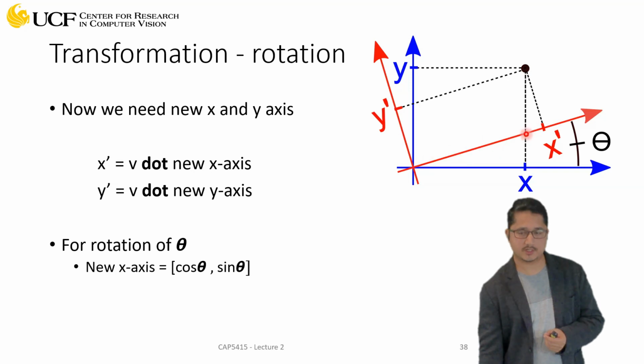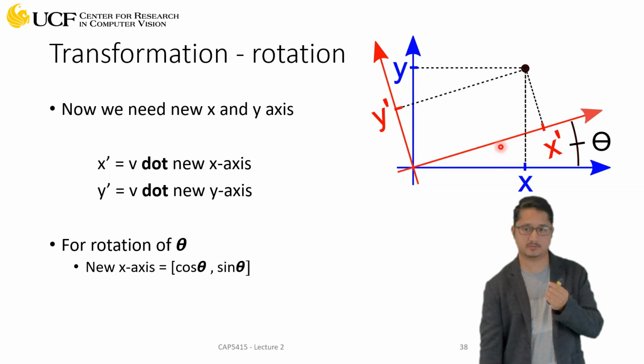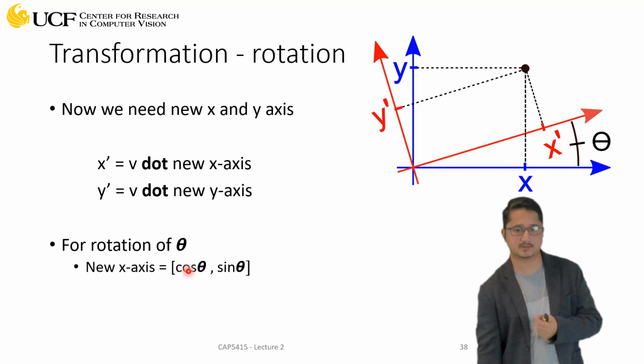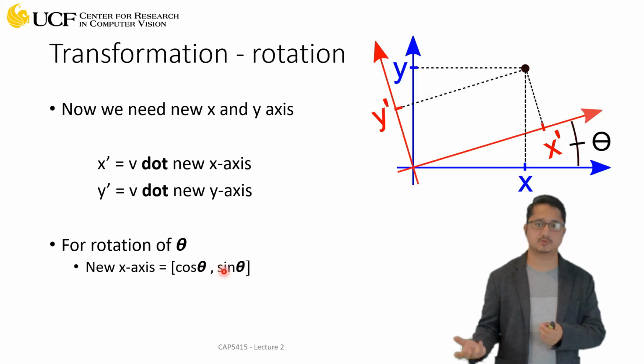If you take a point, let's say 1 unit in this direction, corresponding to the original blue axes x and y, this point is going to be, if you drop a perpendicular on this x, x cos theta, right? And this is going to be x sine theta. So for that unit vector in this direction, the coordinate value will be x cos theta in x and x sine theta in y. But x we know is 1 because it's a unit vector. So you can represent that as cos theta and sine theta. So this is your new axis in terms of the older axes.